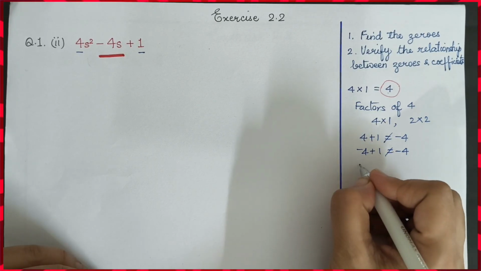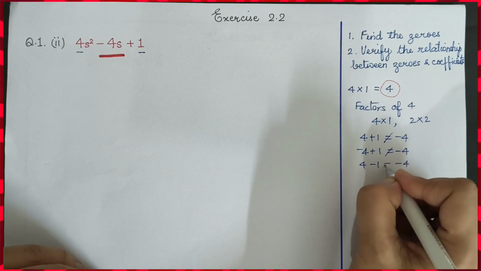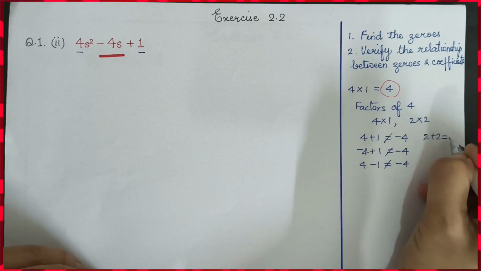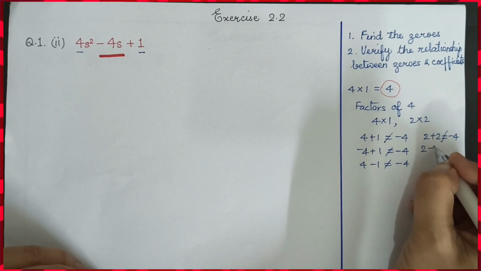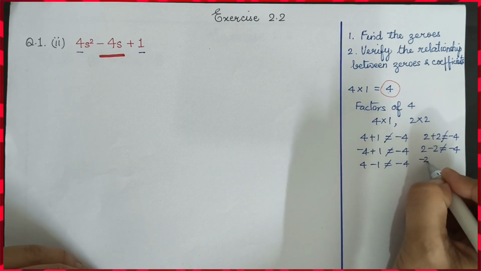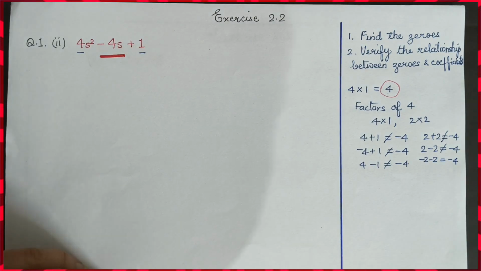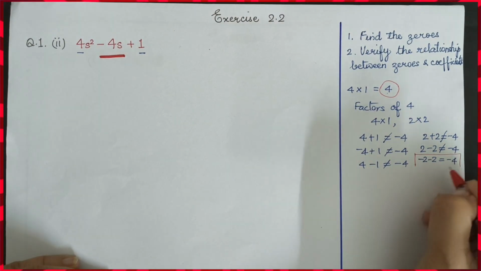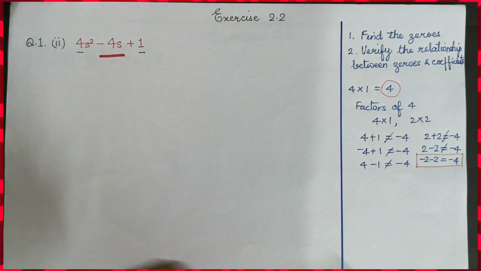If we take minus 4 plus 1, that does not make minus 4. If we take 4 minus 1, that too does not make minus 4. Let's try with 2 and 2. If we do 2 plus 2, we will not get minus 4. If we take 2 minus 2, then also we will not get minus 4. But if we take minus 2 and minus 2, then we will get minus 4. So this combination of the factors is the required terms for our middle term.